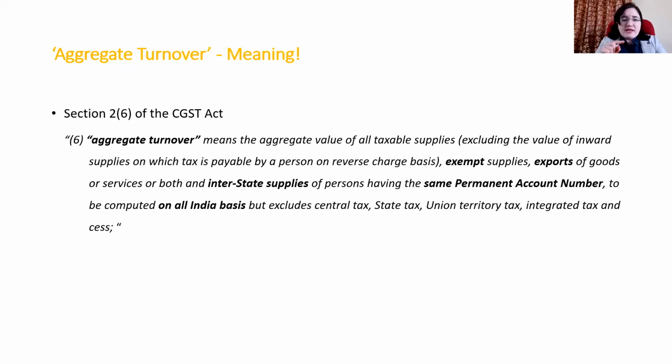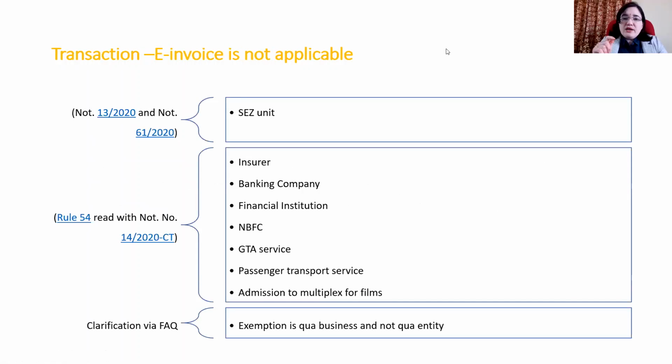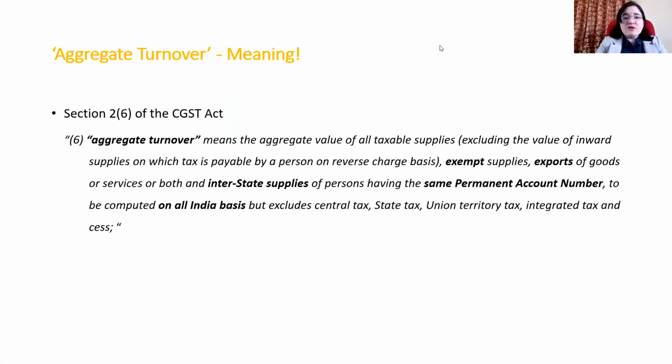Aggregate turnover includes the exempt supply. So even if you are supplying exempt goods and some taxable goods, for computing whether your company has crossed the 100 crore, you have to include the exempt supply.